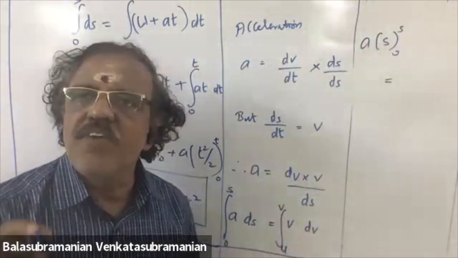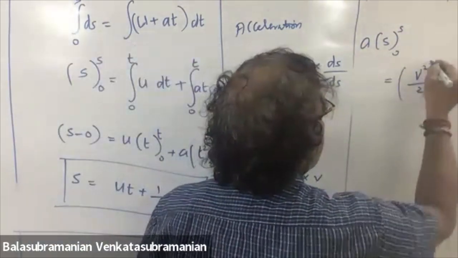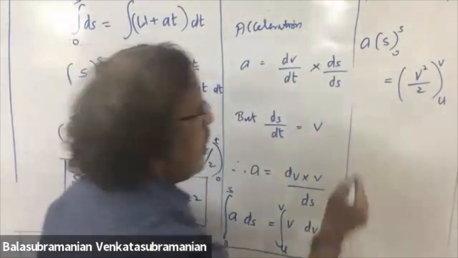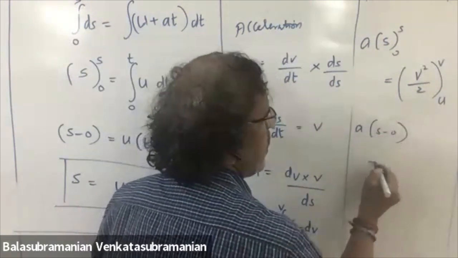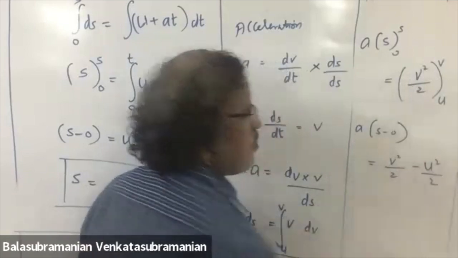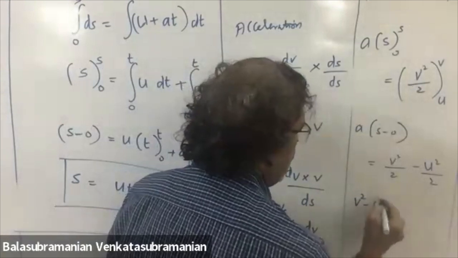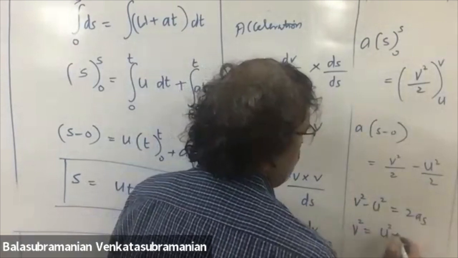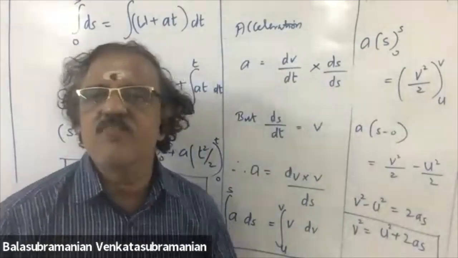What is the integration? v square by 2, limit u to v. So a into s minus 0 is equal to v square by 2 minus u square by 2. Cross multiply, v square minus u square is 2as. V square is u square plus 2as. This is the third equation of motion.